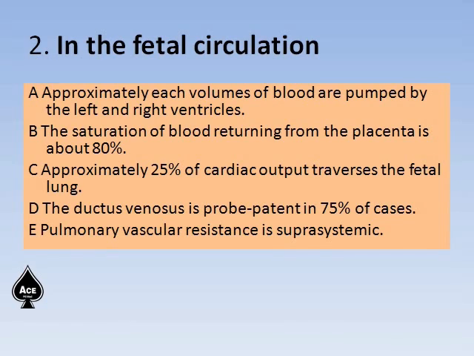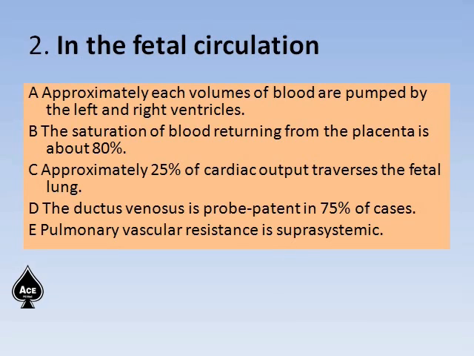So in this fetal circulation, which is true and false, approximately equal volumes of blood are pumped by the left and right ventricle inside the fetus, which means in the intrauterine life. Is it true or false? Then saturation of blood returned from placenta is about 80%. Then approximately 25% of the cardiac output traverses the fetal lung.